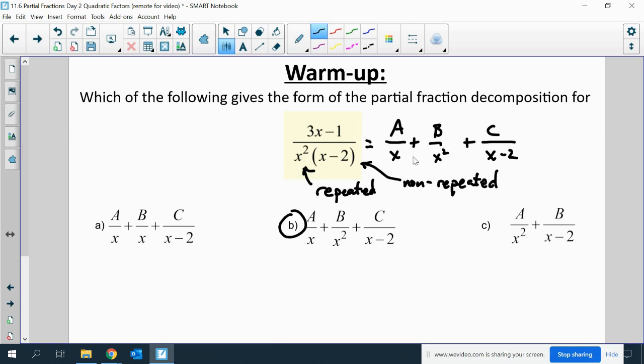If we have a repeated linear term, we write it once here and then a second time with the squared. And then the non-repeated linear term, we would have C over x - 2.